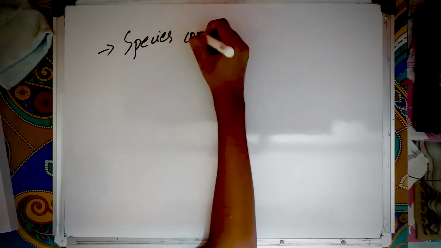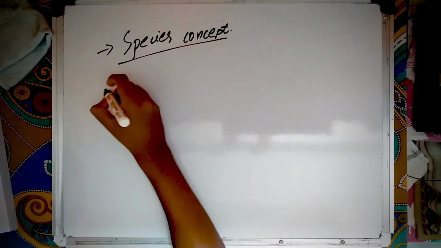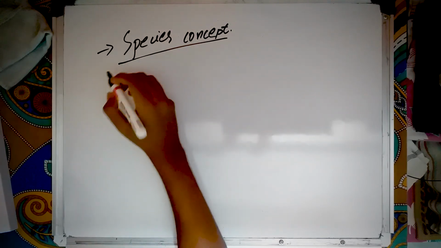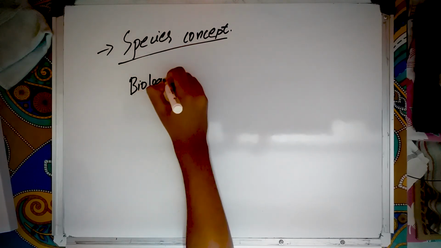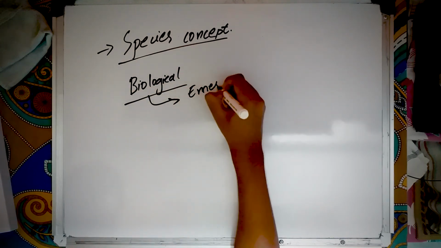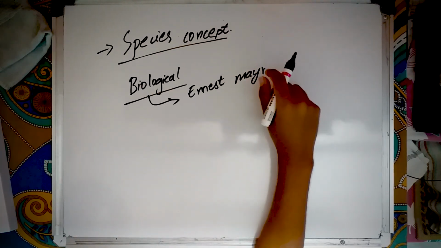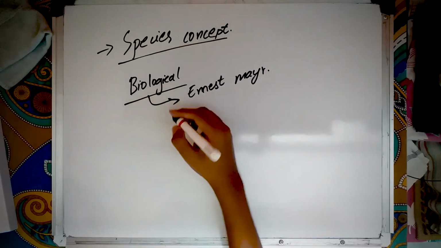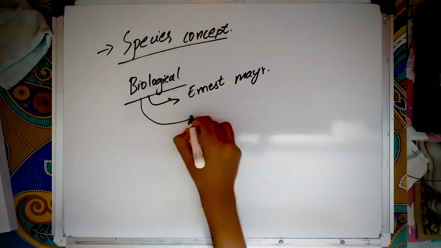All the species concepts, we'll just refer to once. The biological species concept is given by Ernest Mayr. He says that species are reproductively isolated from each other.